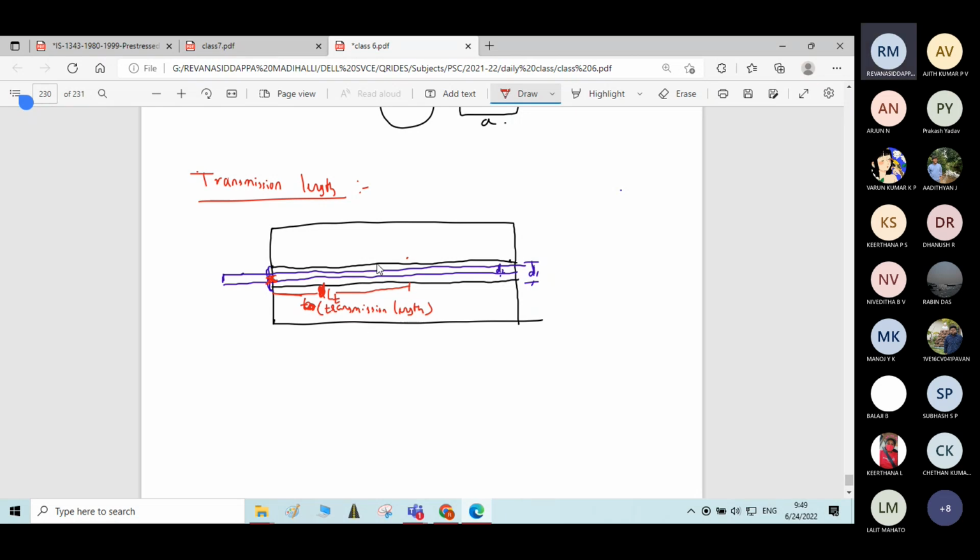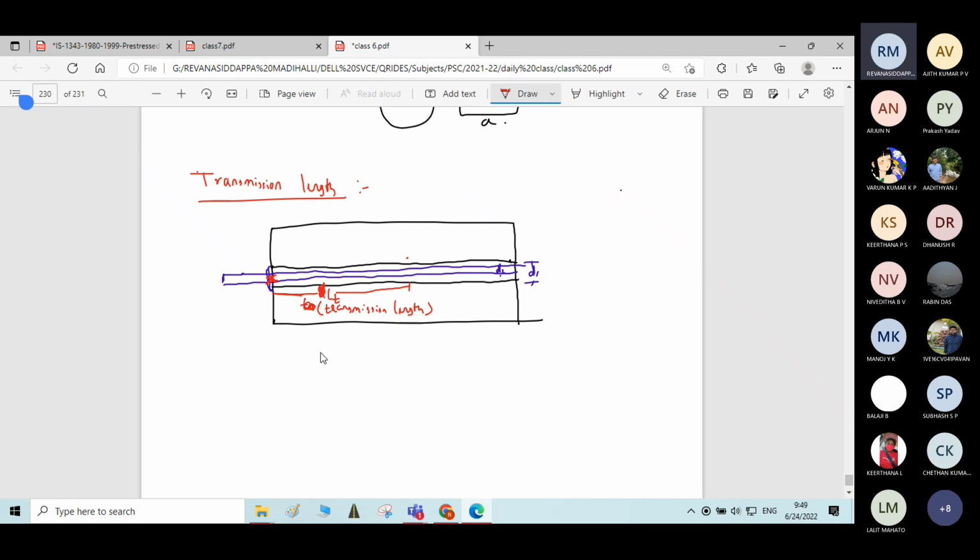Within this transmission length, when the tendon is stretched and released, the tendon will get a different shape.